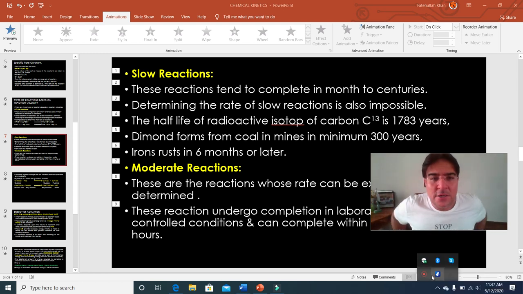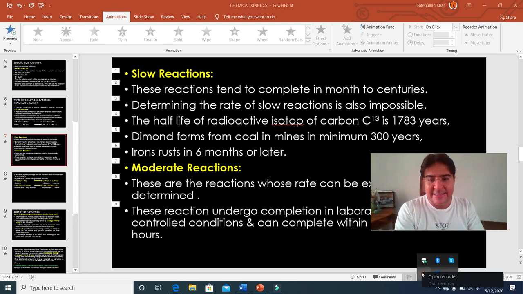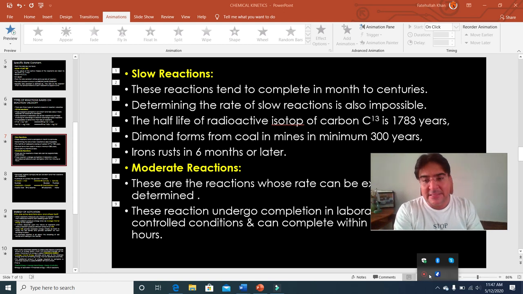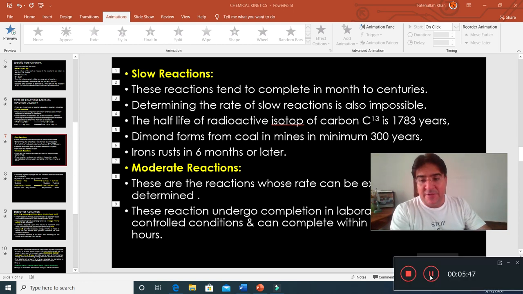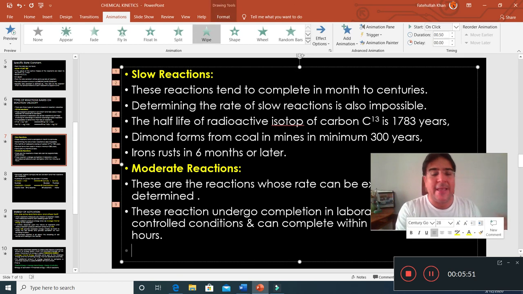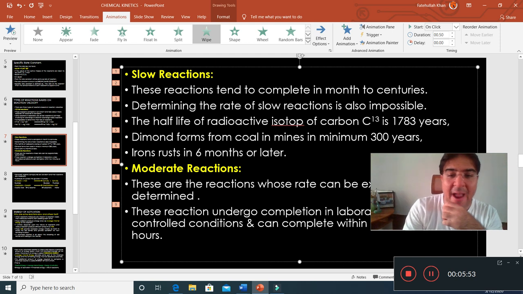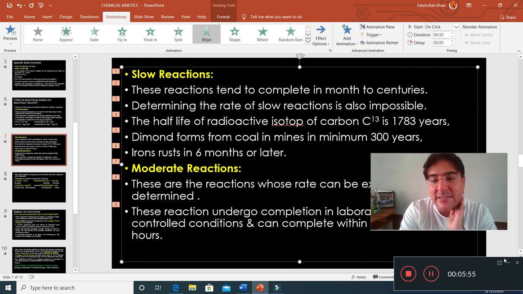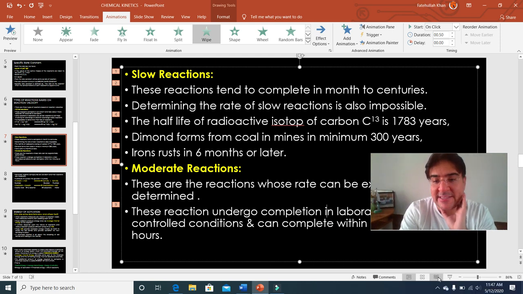So these are two types of reactions, slow and fast, and they compare pretty nicely because the fast ones are very fast reactions, and slow reactions are very, very slow reactions. When we think about the fast reactions, we find that they take place in, let's say, millisecond, microsecond. And slow reactions take place in centuries, as I mentioned here.